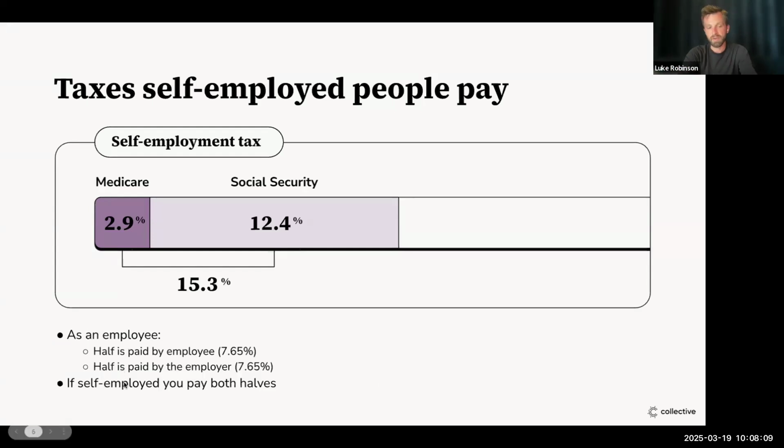But the difference is, by being an employee, by law, your employer has to pay half of this tax rate for you. It's just a requirement, by law. But if you're self-employed, you pay both halves. And that ain't fun, believe me. So that's why it can be so expensive to be self-employed, of course. It's because you have a higher tax burden, technically, than a W-2 employee.